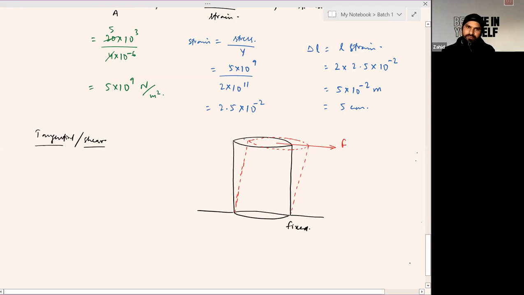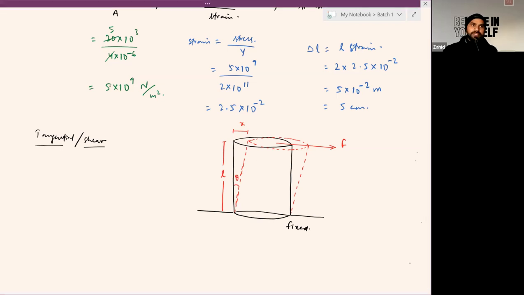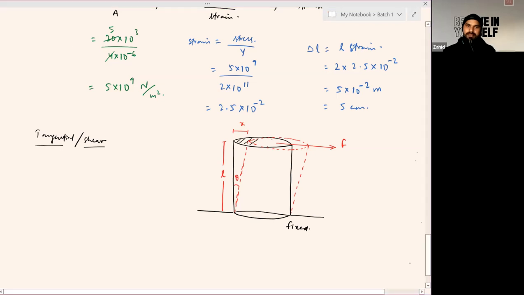due to this tangential force, there is deformation in its shape from this point to this point, let's say x. The length of this cylinder is L. Corresponding to this shift, there is a bending by some angle theta. The area of cross section over which the force is acting is this term. So shear stress or tangential stress equals tangential force acting per unit area.